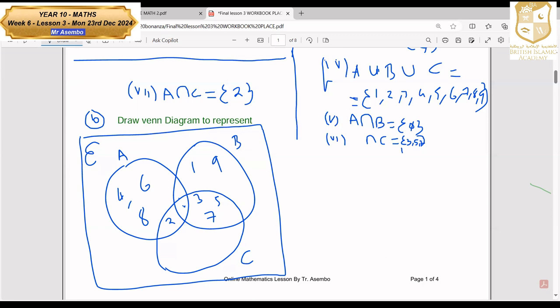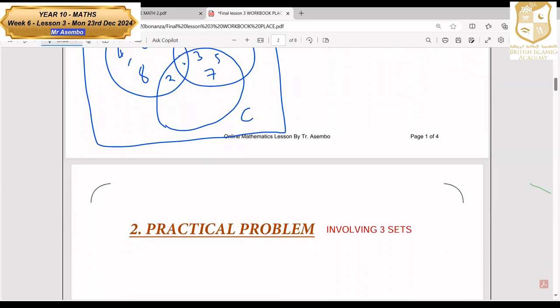The question with the heading, practical problem involving 3 sets. Copy that one.